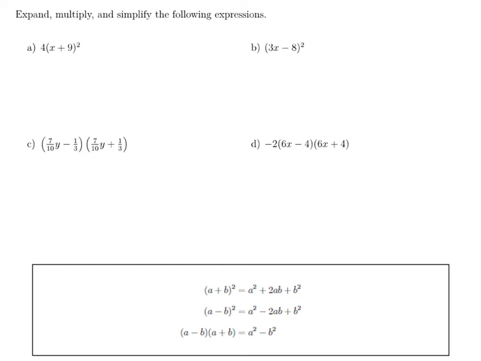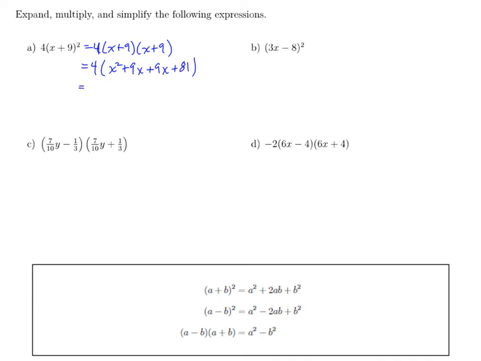So what we have is 4 times x plus 9 times x plus 9. And then multiplying x plus 9 by x plus 9, we'll have 4 times x squared plus 9x plus 9x plus 81.